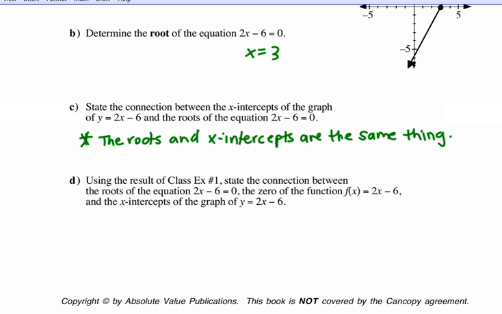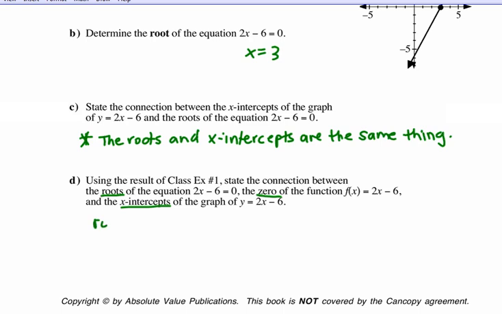Using the results of class example 1, state the connection between the roots, the zeros, and the x-intercepts. So using our example above, a relationship between the root, the 0, and the x-intercepts. How are they related? They're the same thing.